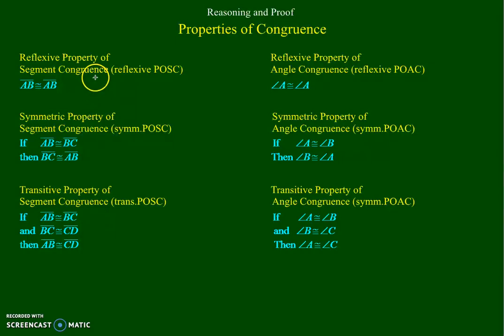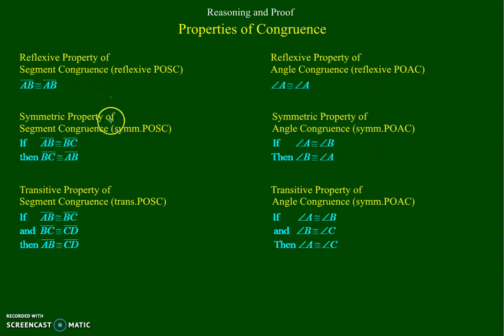We know now that equality is reflexive, symmetric, and transitive. Segment congruence is reflexive, symmetric, and transitive. And angle congruence is reflexive, symmetric, and transitive. So we can use those properties on all three.